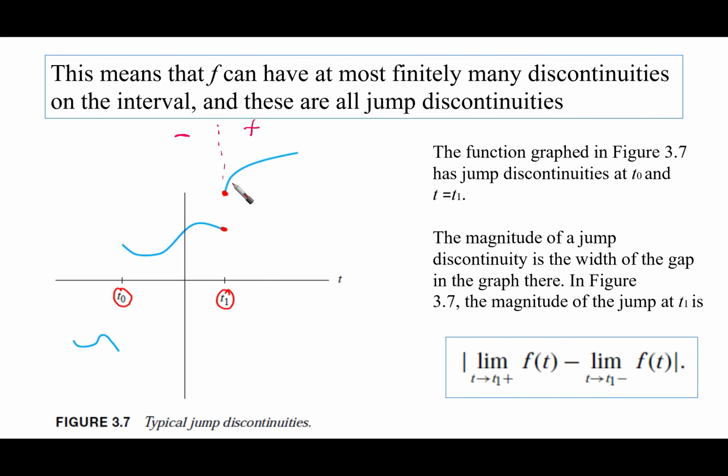So at any point t1, whenever we're talking from the right, we give it the designation plus, positive, and whenever we're talking from the left, we give it the designation minus. So this is right, and this is left. It's only a convention to tell, at this discontinuity, what the approaching side is. So if we put it positive, this means from the right.